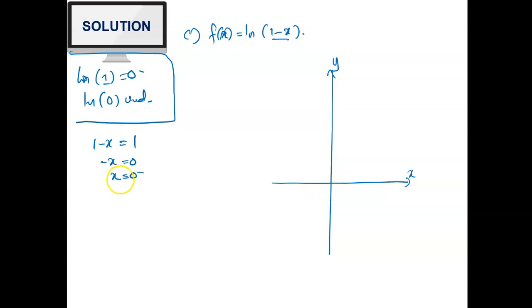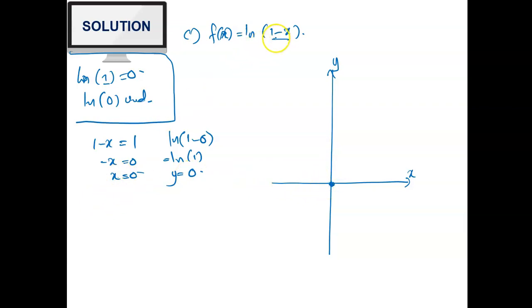When x equal to 0, 1 minus 0 equal to 1, natural log of 1 equal to 0, it cuts at the origin point of 0, 0 here. Natural log of 1 minus 0 equal to natural log of 1, and natural log of 1 is equal to 0, x equal to 0, y equal to 0 here.